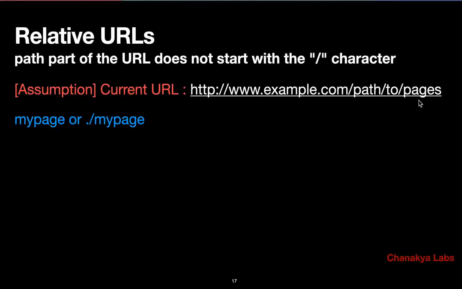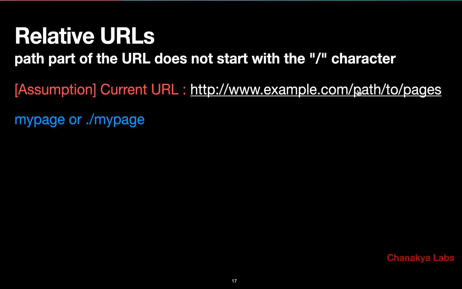It's just that we have to assume that this last part is a document, because the currently opened URL is an HTML document. So definitely this thing we are pointing to is a document, and for the rest, even if it does not actually exist in the file system, we don't care.